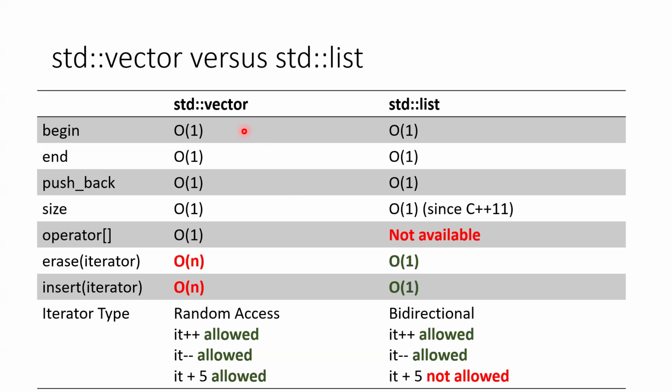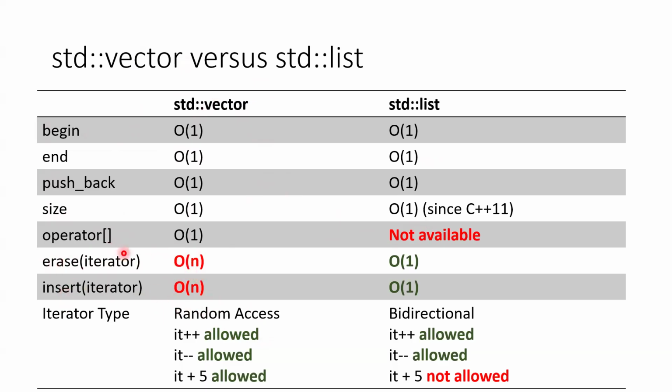So as a comparison between vector and list, they both can do begin and push_back and size in O(1) time. Operator square bracket, which is random access, is defined for vector but not for list. Erase and insert for vector takes O(n).